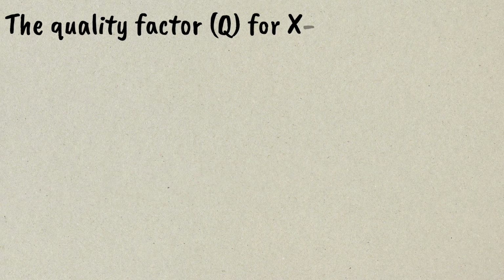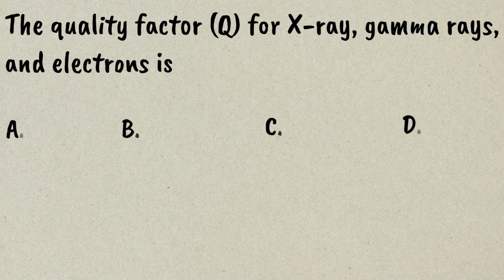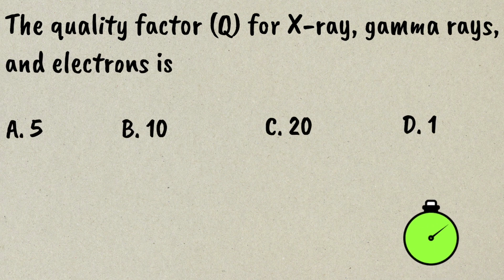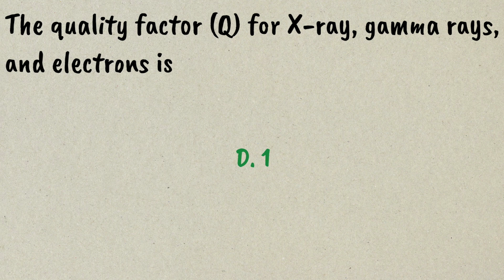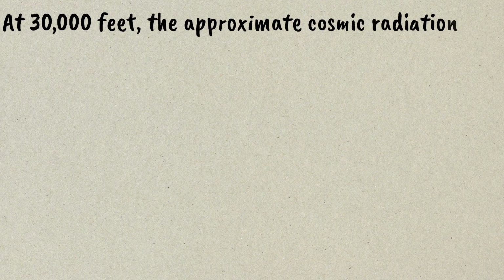The quality factor Q for X-ray, gamma rays and electrons is. At 30,000 feet, the approximate cosmic radiation dose rate is.